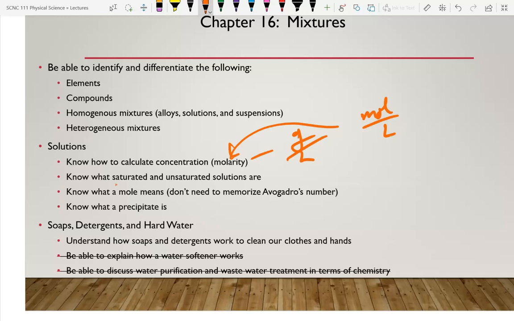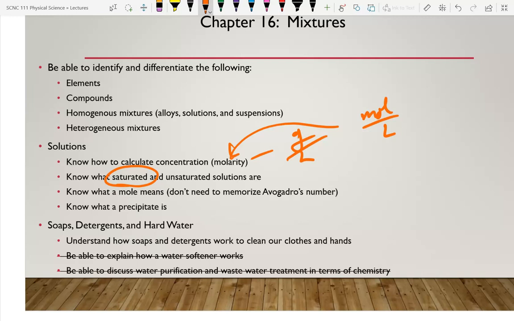A saturated solution means that all of the solute that can be dissolved is dissolved. So for instance, with our experiment where you had to determine, what was it, the one where we had the different powders and you were trying to identify them.